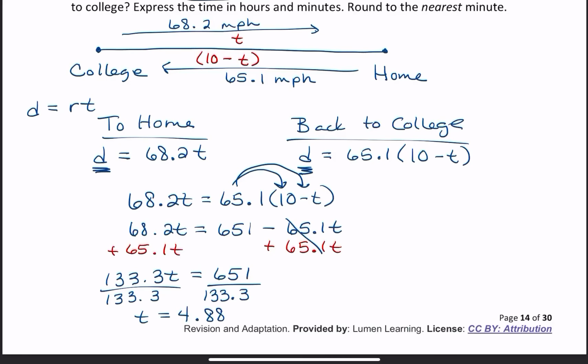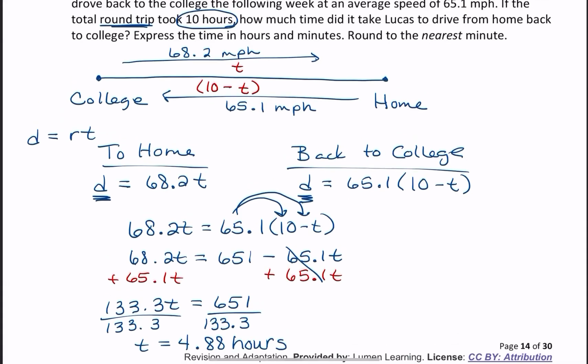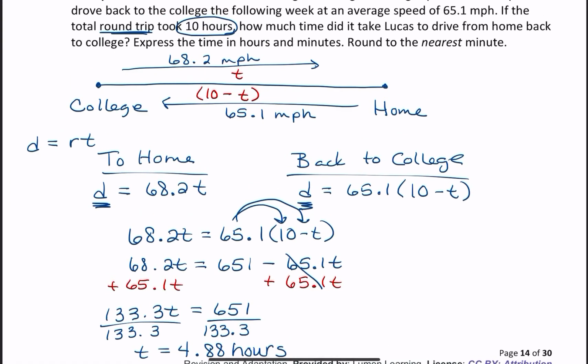4.88, and that's hours. Now here's where you've got to be careful. Did we answer the question? This is t up here, but our question is asking how much time did it take Marcus to drive from home back to the college?